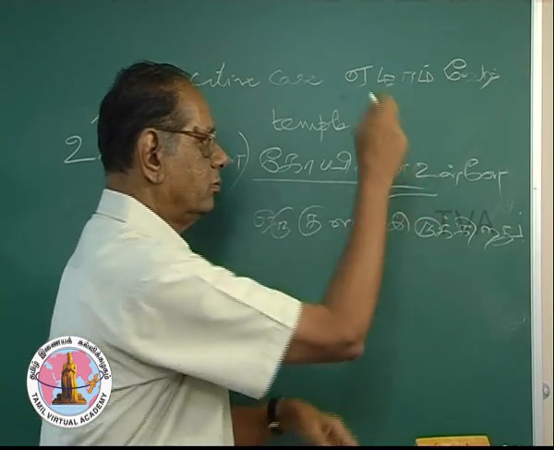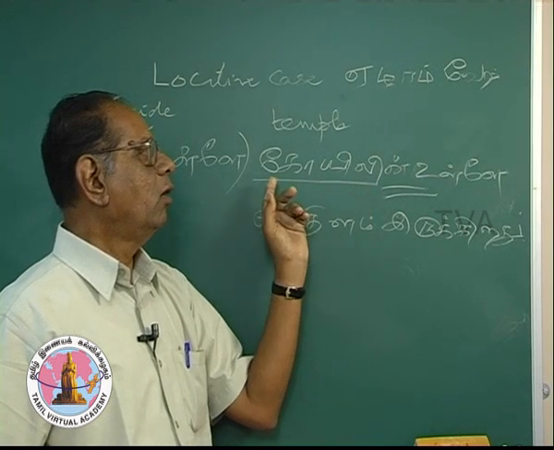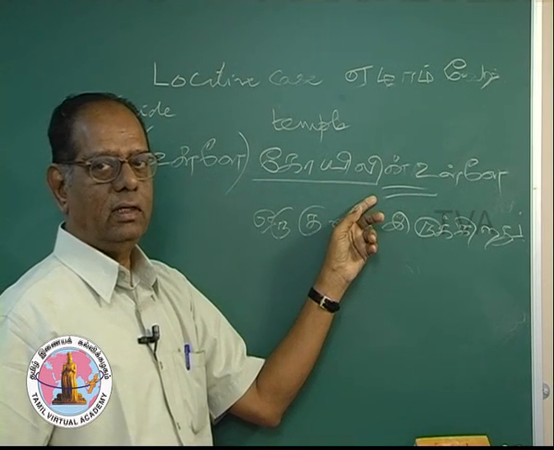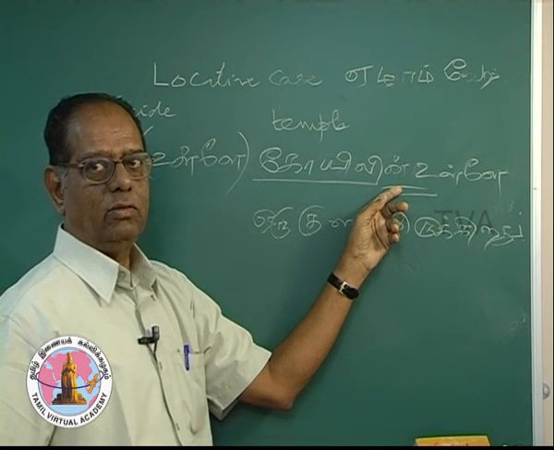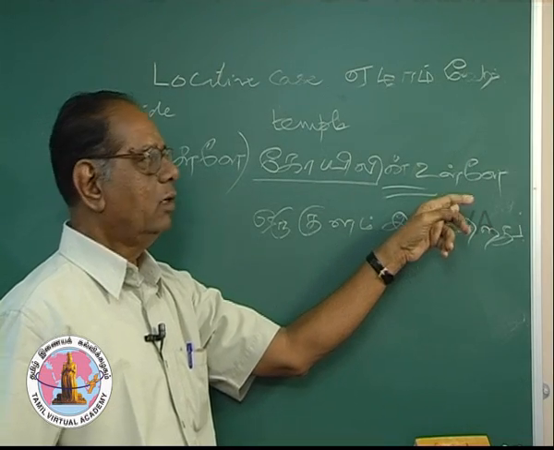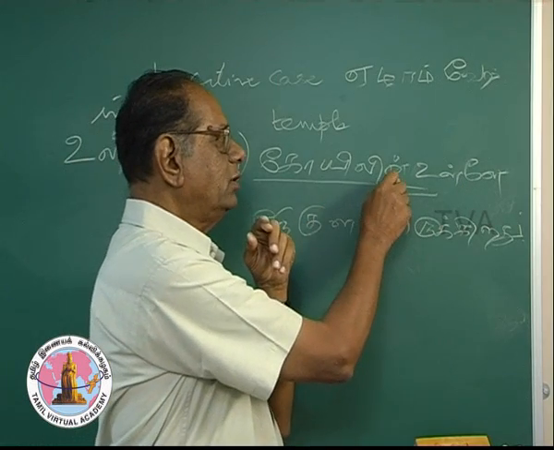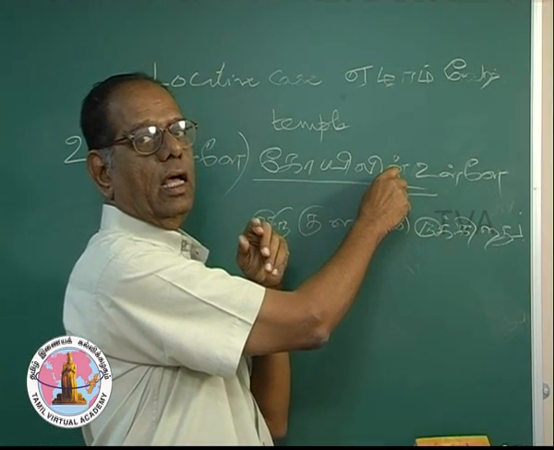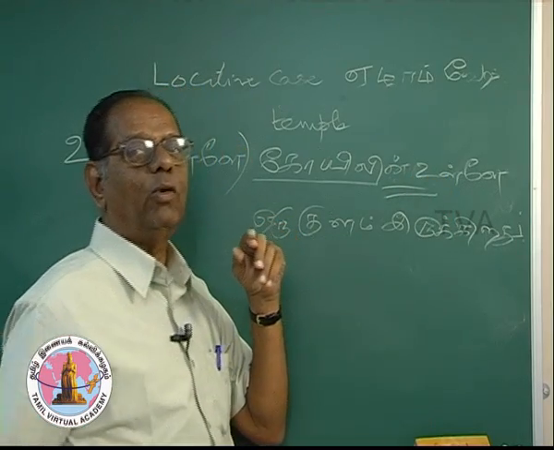Now you have to note this. கோயில் is the word, in is a suffix which cements both the word and the case marker. Ulle is the case marker. This ends with a consonant and this begins with a vowel.